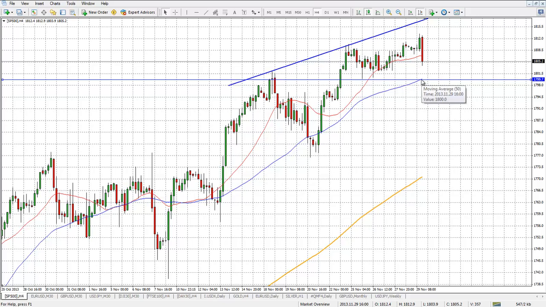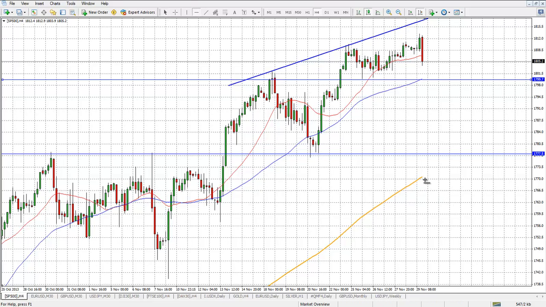If those levels are broken, then obviously any of the further lows around here, 1777, and also this 200 period moving average on 4-hourly, 1770, would offer a logical level of support on the way down.